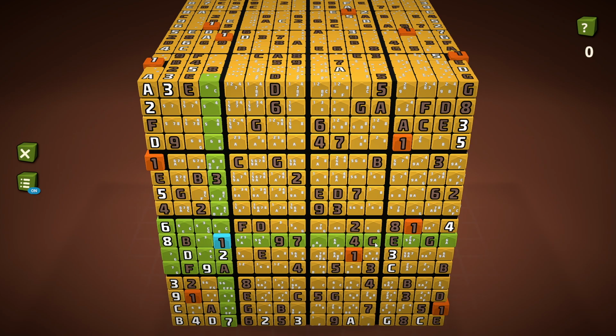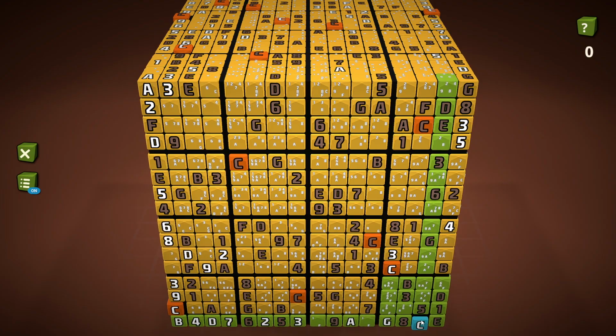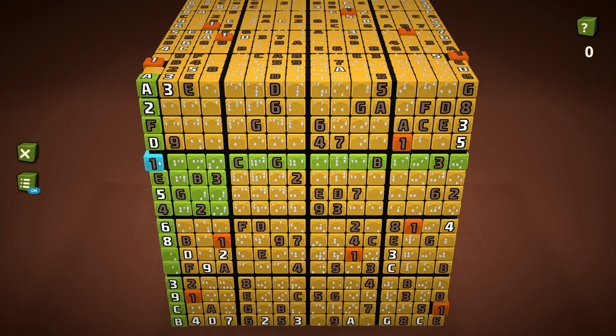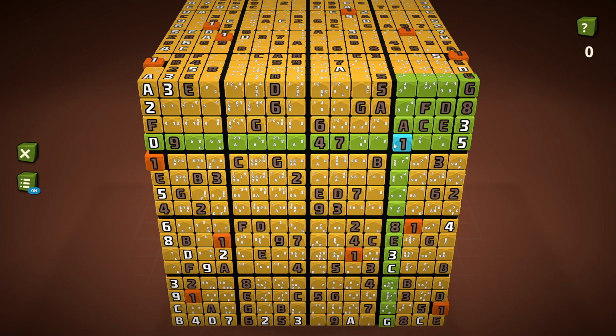There's a lot of 2s on here. One of the middle 2s. Basically anything. So many possibilities. Okay.